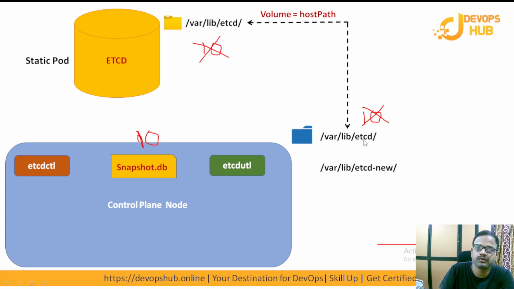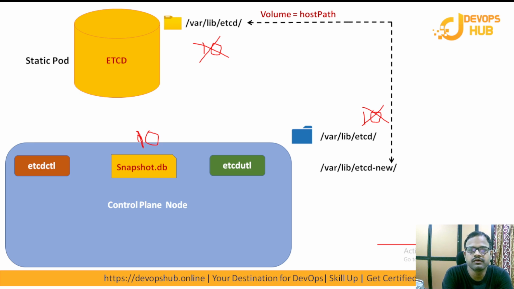So our next move is to change the path from /var/lib/etcd to /var/lib/etcd/new. The moment we do this, the etcd container will see that etcd has 10 deployments in its state, the key value pairs.